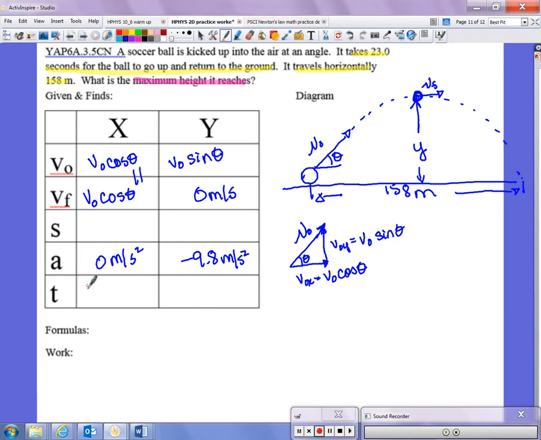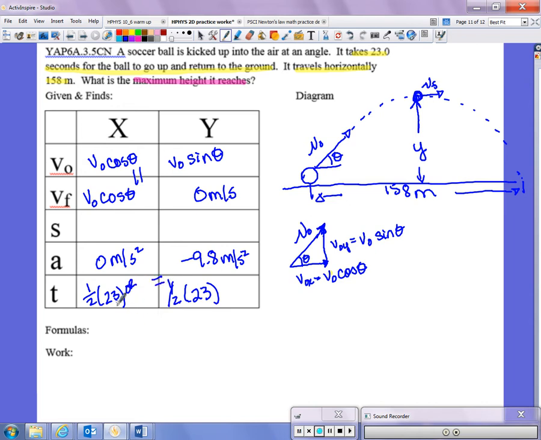Now, ideally you would put in 1/2 of 23 in order to practice not putting in calculated values. But honestly, on this one, if you just halve it, I'm not going to get really upset about that.